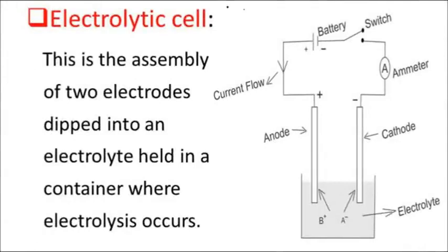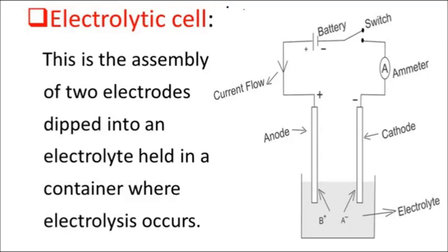We have the individual electrodes. We call this the anode. We call this the cathode. Then we have the electrolyte. This is the electrolyte. You can have an example like aqueous sodium chloride.